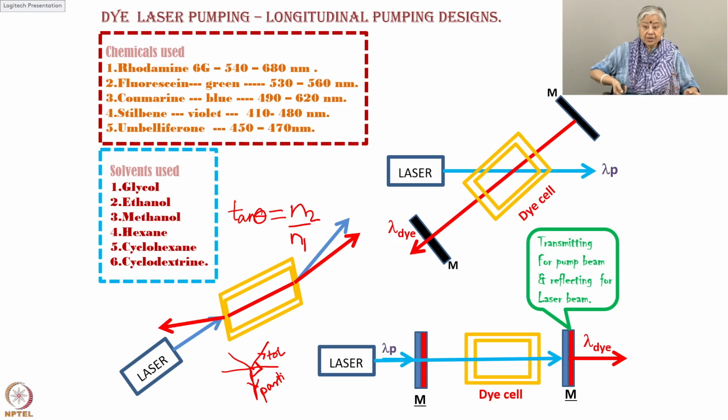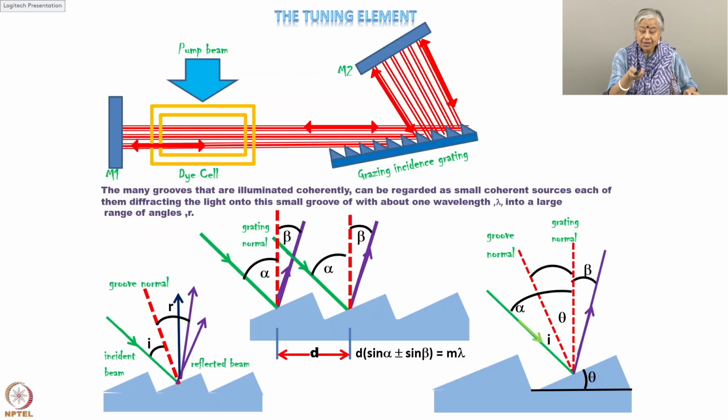It could have been somewhere here at the end, a grating here; the beam is coming out with a whole set of frequencies, and you have a grating and you choose the particular wavelength that you require. So, here again with the mirrors, and then you put the grating. But the disadvantage there is you are losing out on energy once again if you keep that element outside your resonator.